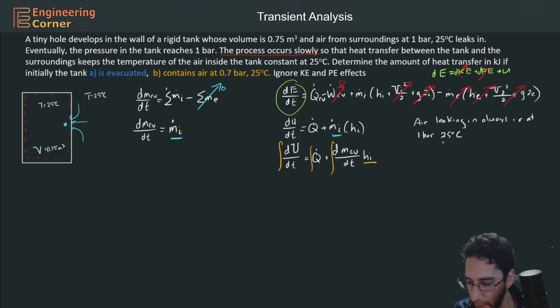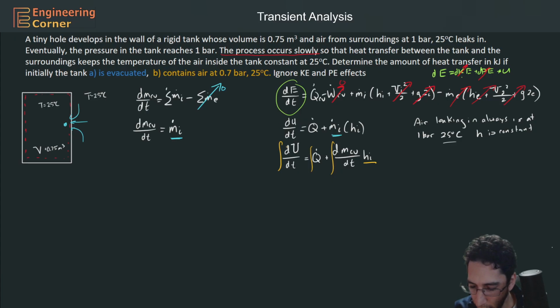The most important part is this 25 degrees Celsius. So what this means is that the enthalpy is constant. So you're looking for that in these types of problems. It's an idealization that we make. It makes the problem a lot easier because now when we take this integral, h can come outside of the integral.